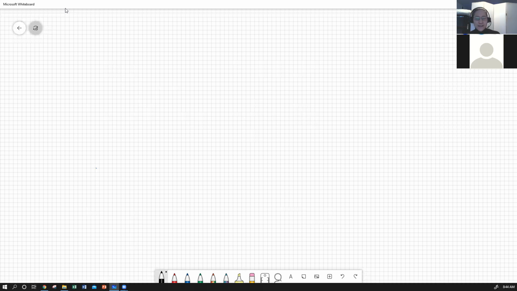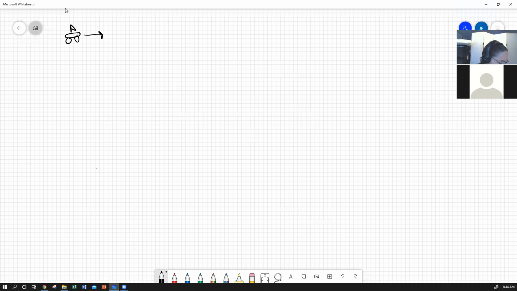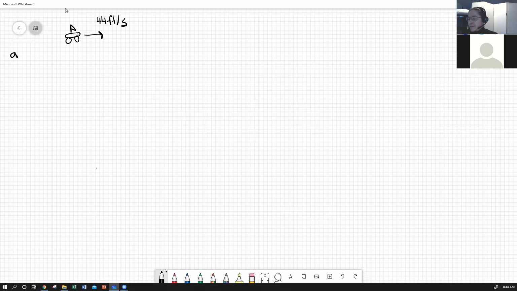So I'll try to set this up again, just drawing a little sketch. You've got a vehicle heading along at 44 feet per second. I didn't type up the question, but I'm just verbalizing it. So I'm setting up the scenario, which will be the question.